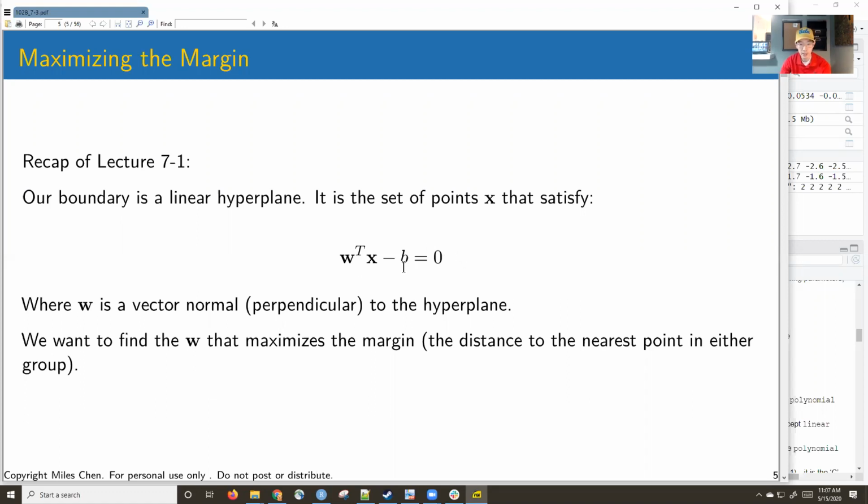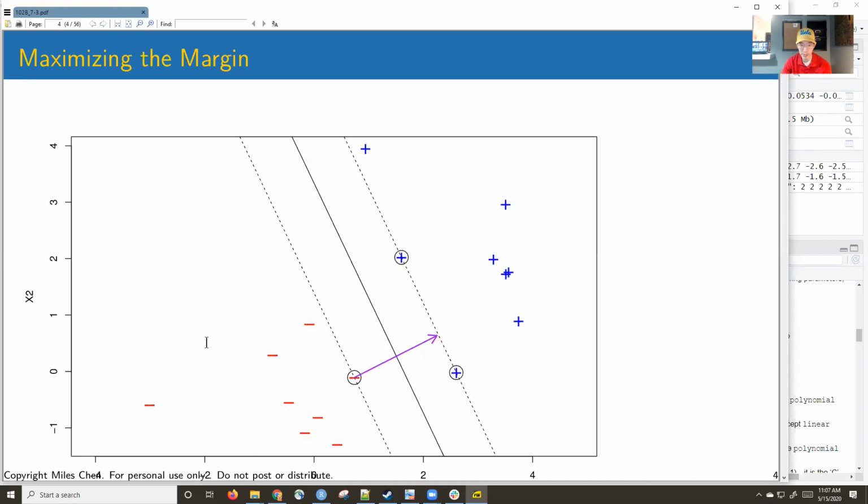So we want to find the W that maximizes the width of the margin, okay?